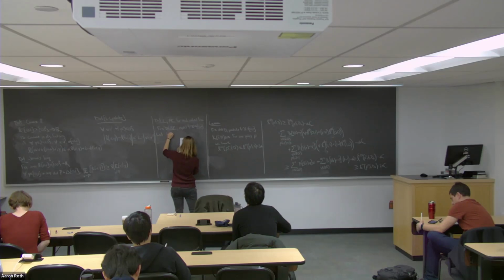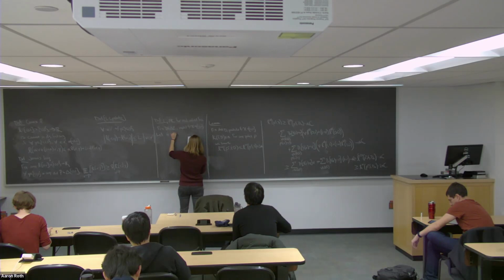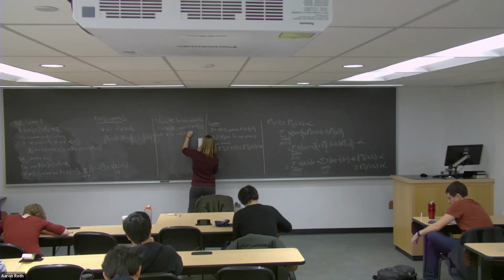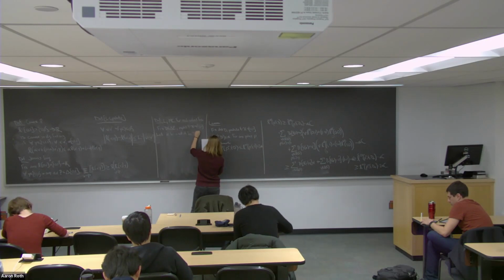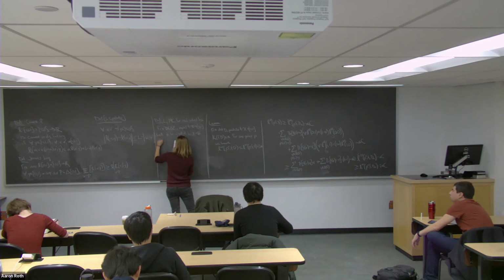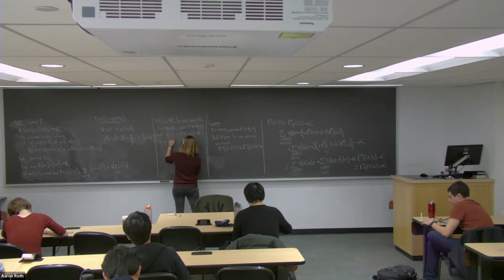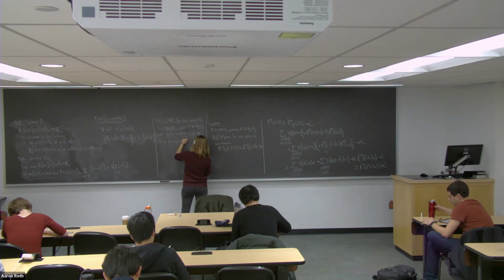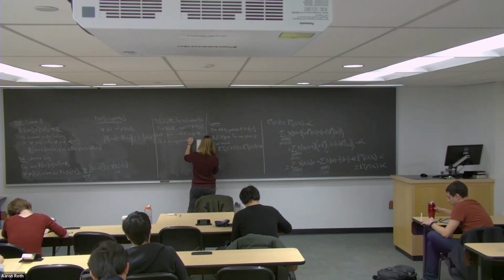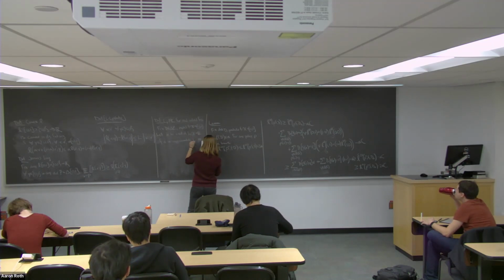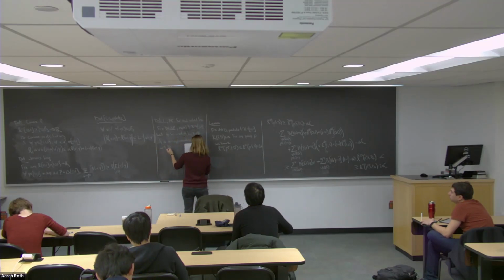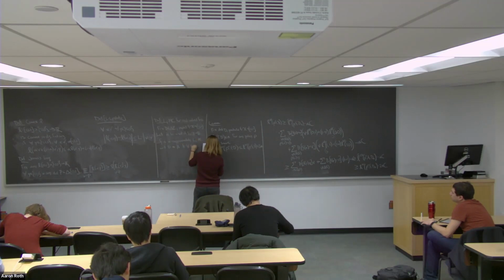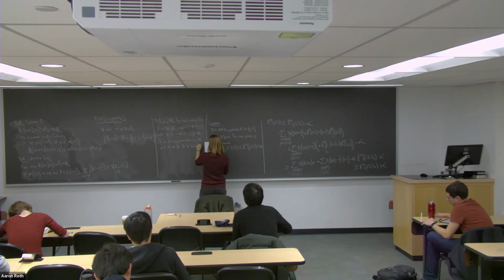So let H be a collection of real valued functions on X. We'll say that F is alpha approximately L1 multi-calibrated with respect to D and this class of functions H, if for every function in this class, the following holds.